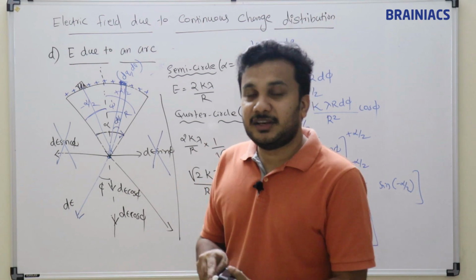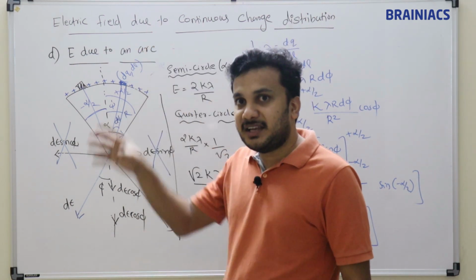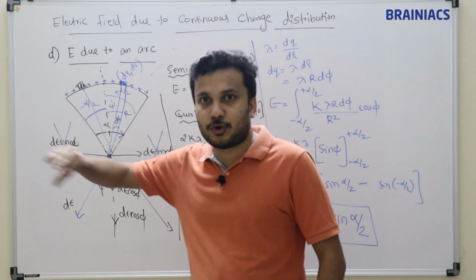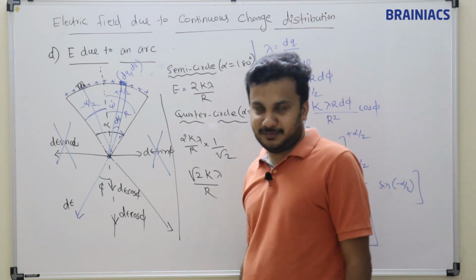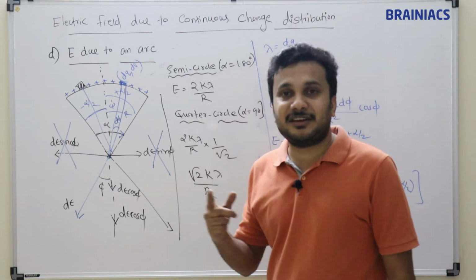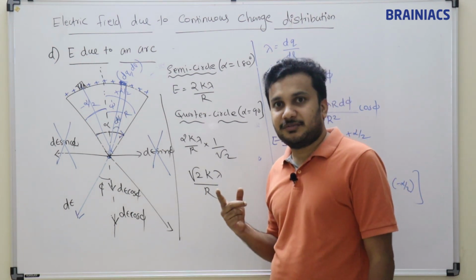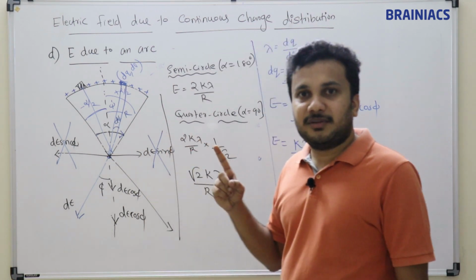It's not correct. In case of a semicircle, the direction of the electric field is only the minus j component, because both x components cancel each other. But in case of a quarter circle, we have a net electric field, because an x electric field will be there and a y electric field will be there.